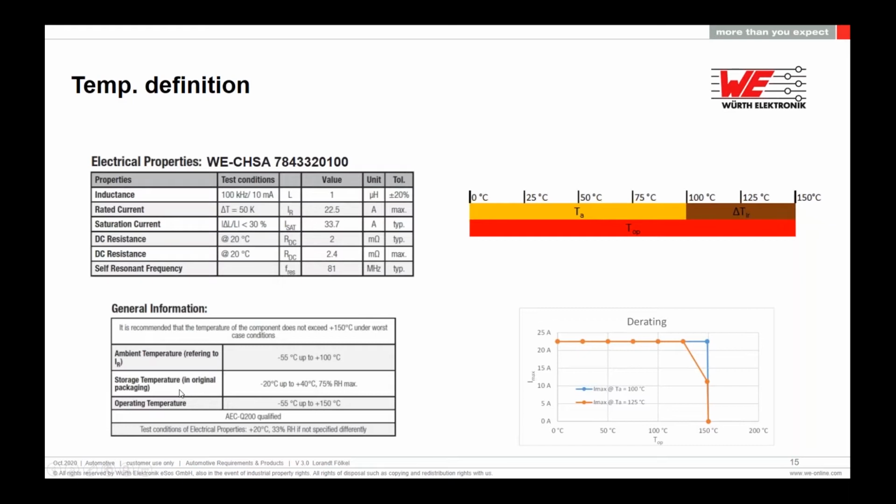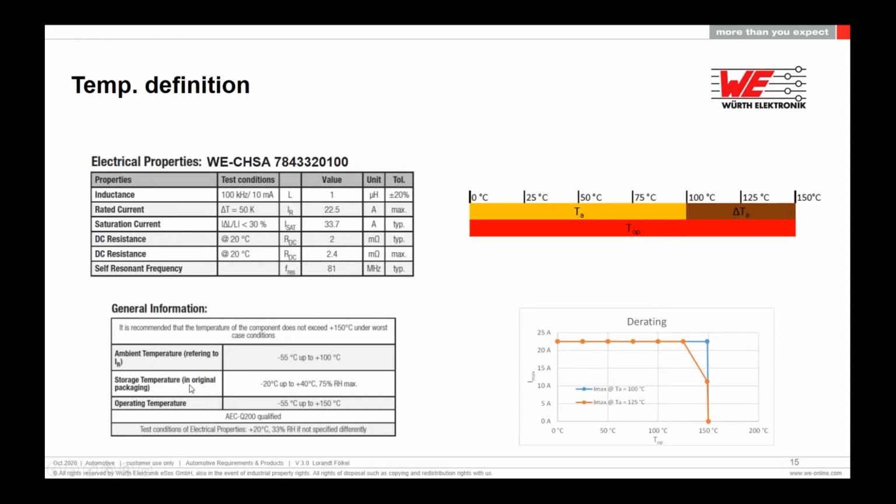The storage temperature is very opposite: minus 20 degrees Celsius to plus 40 degrees Celsius storage. And you will wonder, oh my God, how is it possible that we can operate at 150 but store only at 40 degrees? Yeah, because it's in original packaging.